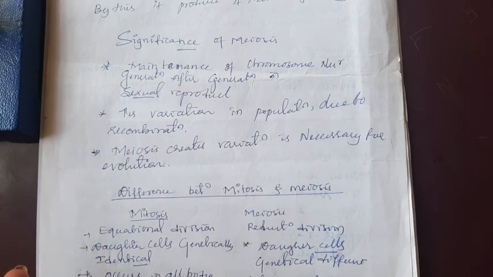Sexual reproduction means there is a fusion of gametes, a male and a female gamete, to form a zygote. The male gamete is haploid, the female is also a haploid gamete. By the fusion of 2 haploid gametes, there is a formation of a diploid organism or the diploid zygote. That zygote is the first cell of every generation.